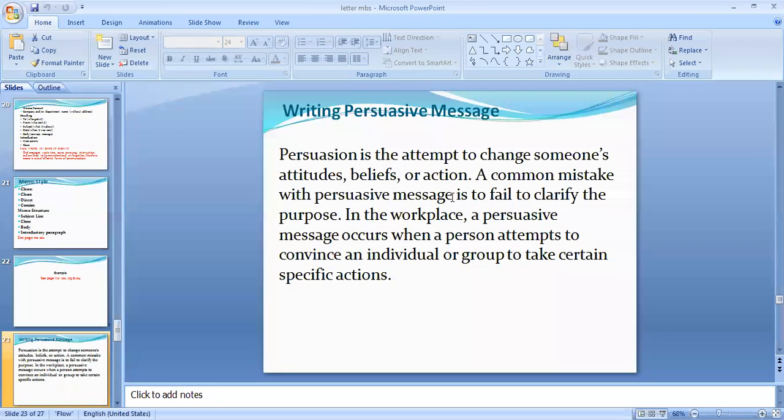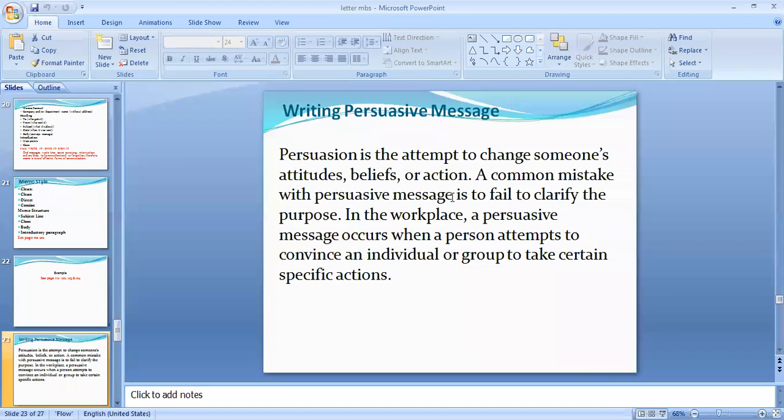Then what do I do? I counsel you, bringing some authentic evidence, to persuade and convince you. Persuasion means convincing. Persuasion is the attempt to change someone's attitude, beliefs, or action. A common mistake with persuasive message is to fail to clarify the purpose.